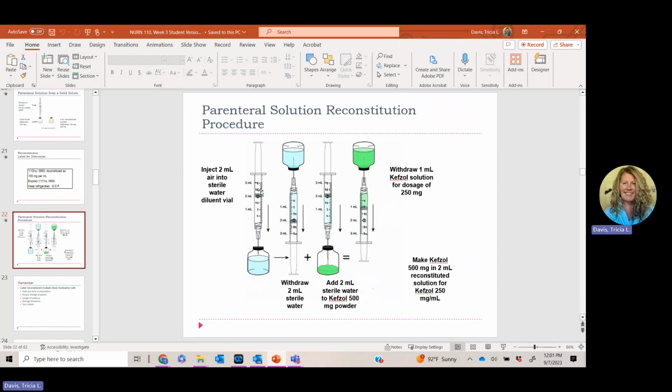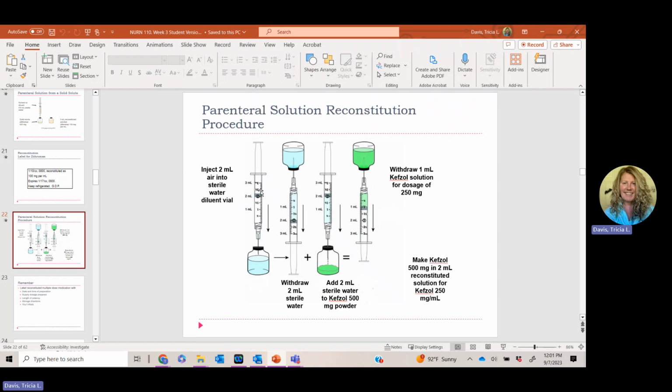So we're going to put 2 mLs of air in. Then we're going to turn that bottle of sterile water upside down, pull out 2 mLs of sterile water. Then we're going to inject it into our next bottle, which has Kefazole, 500 milligrams of powder. We put that in, we mix it all up. And then now we know we have 2 mLs of 500 milligrams.